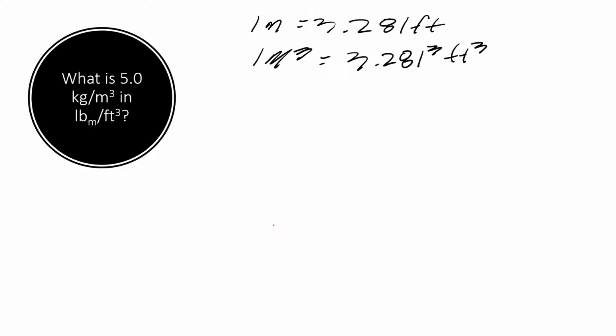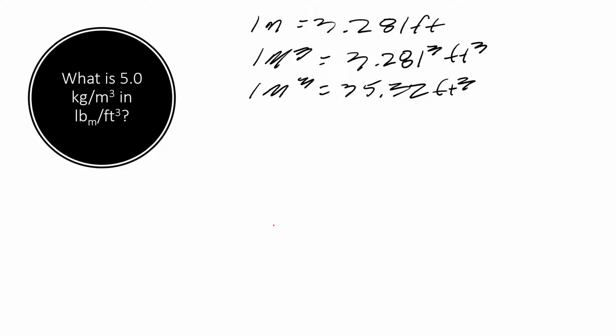Wait, it does. Let's try this. Power of 3. It works. So we're going to end up with 35.32 cubic feet per cubic meter. Okay, so that's our first unit conversion that we need.